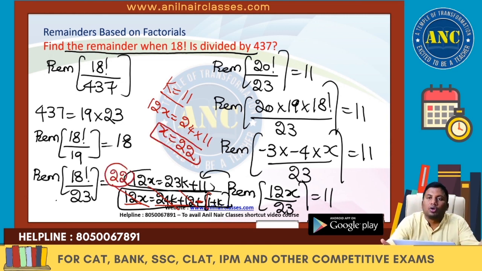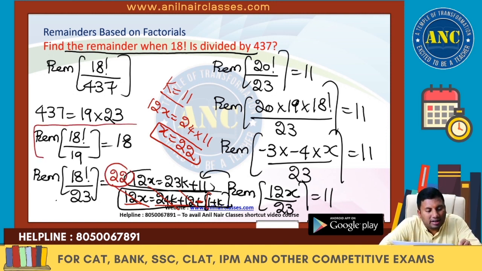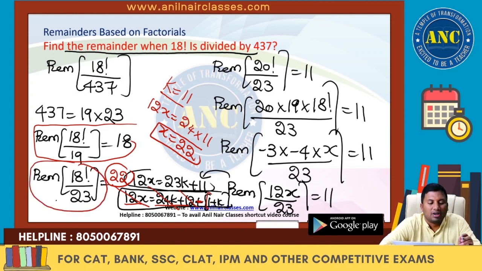That means two equations we got. 18 factorial divided by 19 is 18 we got. 18 factorial when divided by 23 we got it as 22.